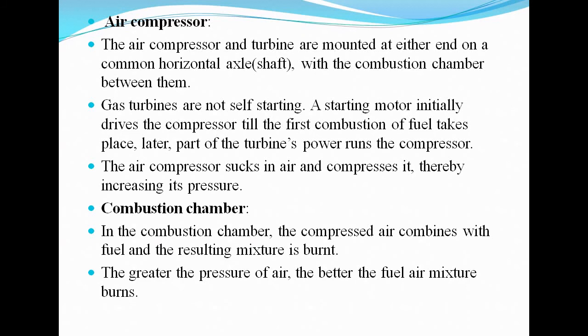Gas turbines are not self starting, and a starting motor initially drives the compressor till the first combustion of fuel takes place, and later part of the turbine power runs the compressor.